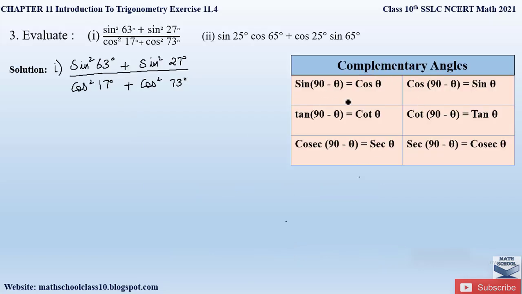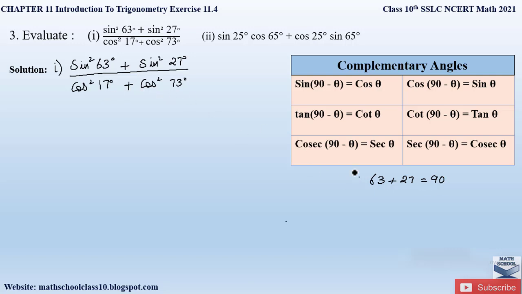Problems involving complementary angles we have also solved in our exercise 11.3. So here again we will apply the complementary angles. If you observe in the numerator, we have 63 degree angle and 27 degree angle. 63 plus 27 gives a 90 degree angle, which forms a complementary angle.